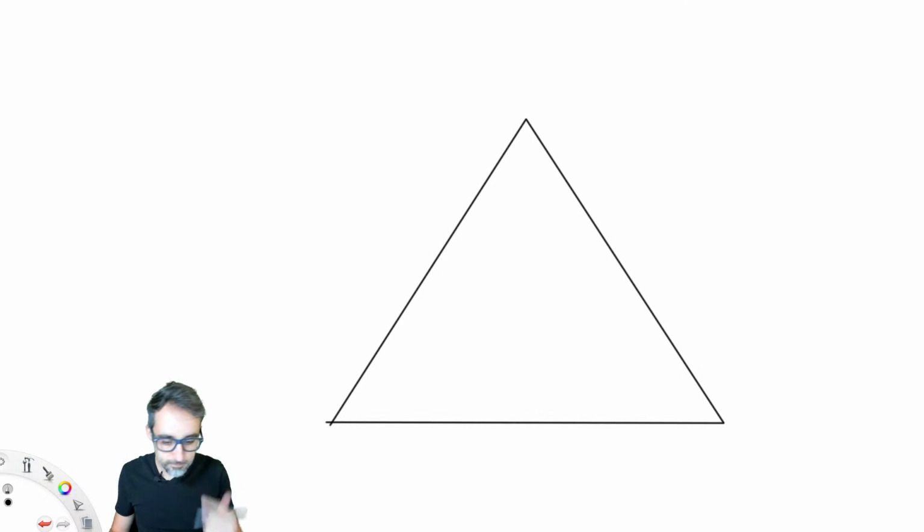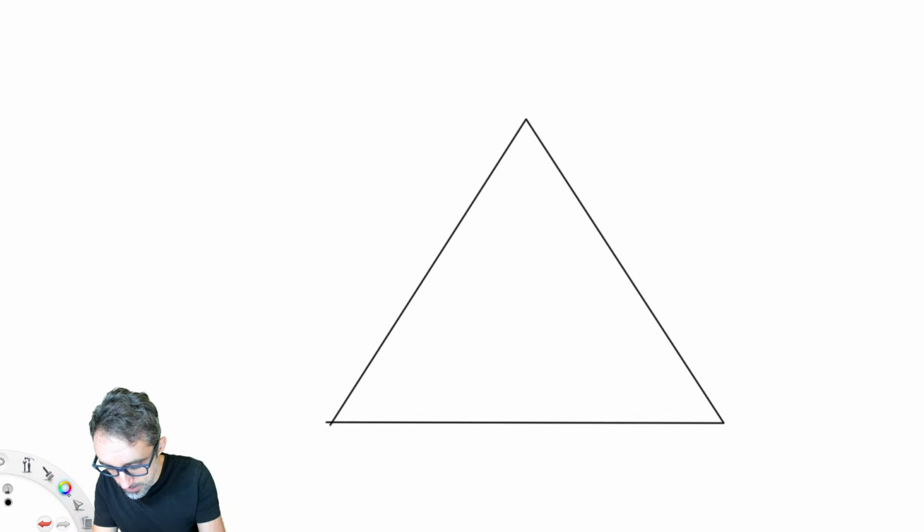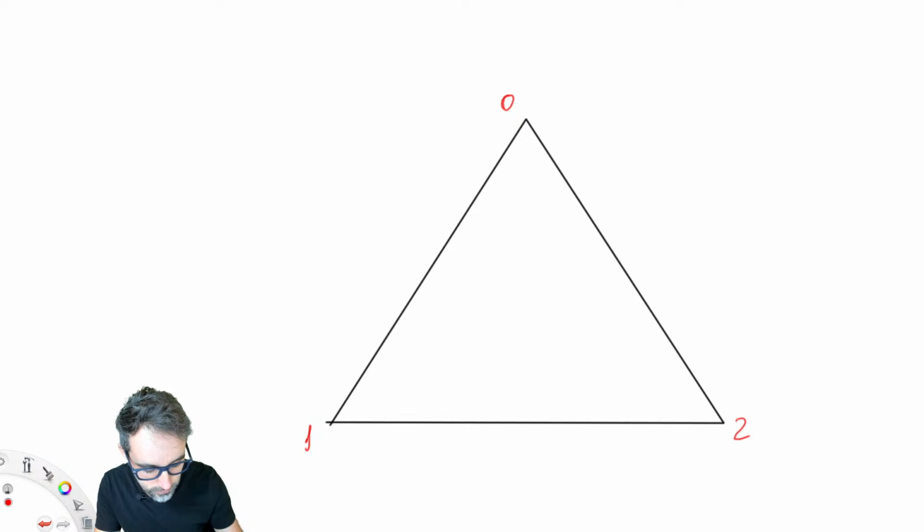And then the next thing is we want to say, well, we have vertex 0, we have vertex 1, we have vertex 2, and we have vertex 3, which is duplicated here.